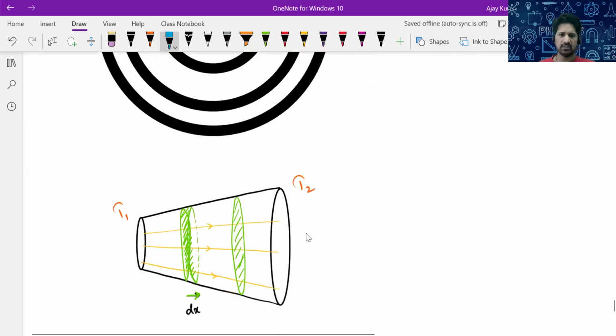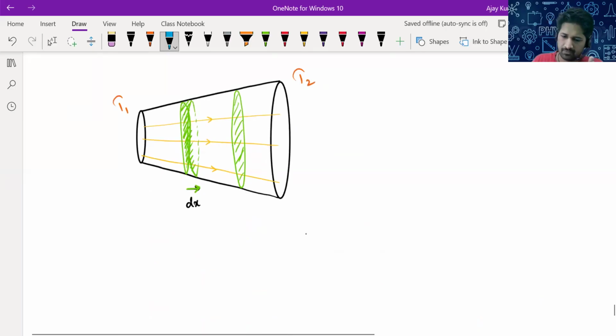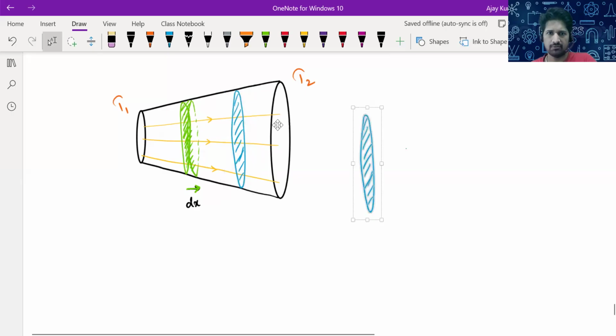Okay. Same idea can be used in the case of this cone also. Fine. One layer we have highlighted in green, another layer you can highlight in blue. Cone problem we are not solving, but this is how you are going to solve if you ever want to solve. Okay, like this.